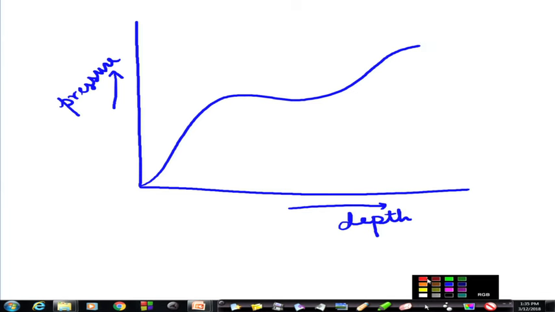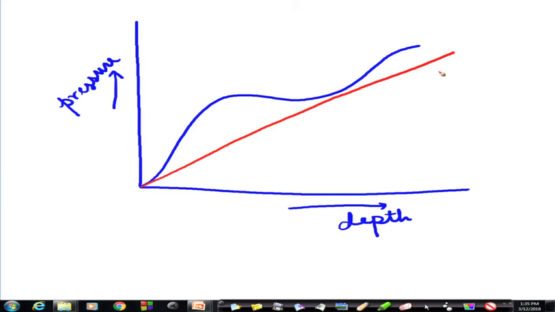There could be some graph which would be just linear. We call it linear, where along with depth this increases in a linear fashion. Here it is non-linear. Okay. So, the question is, how do we represent this sort of graph?